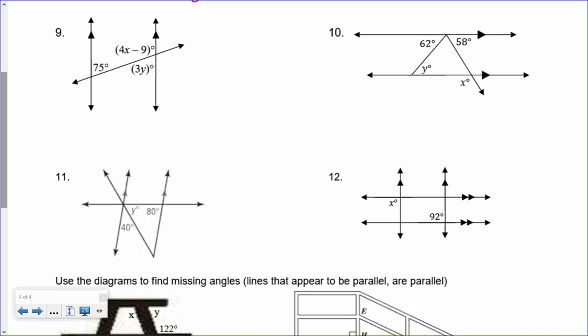Yeah. Number 9, would either one work to start?